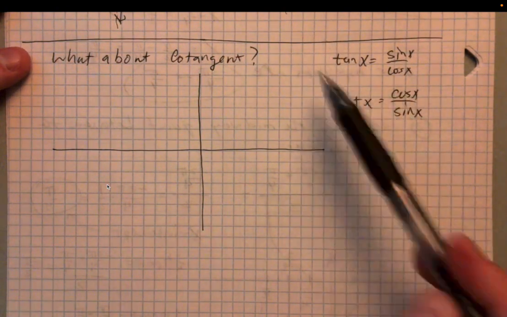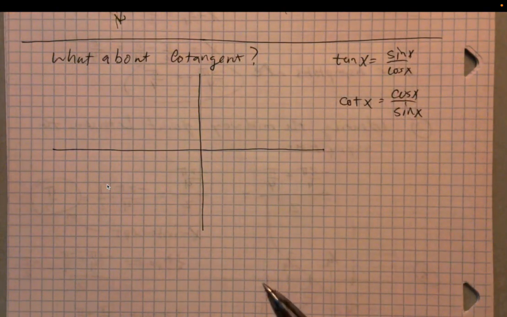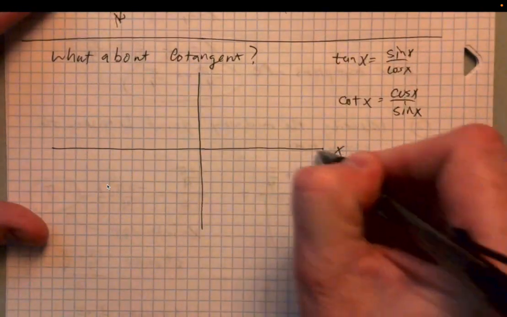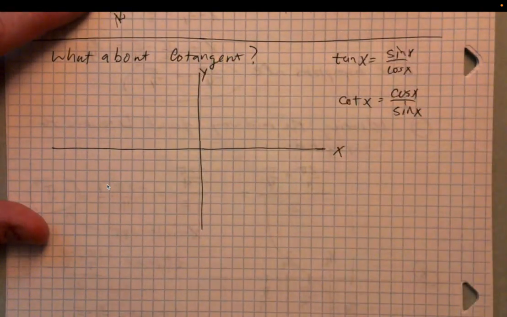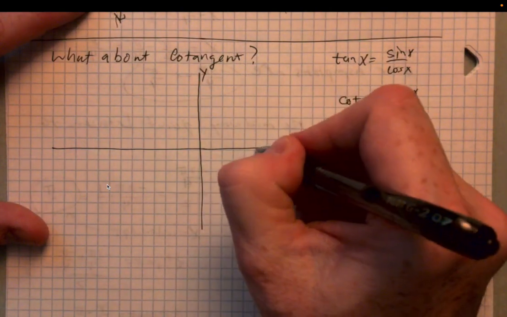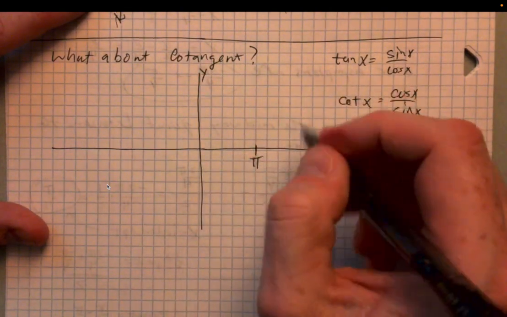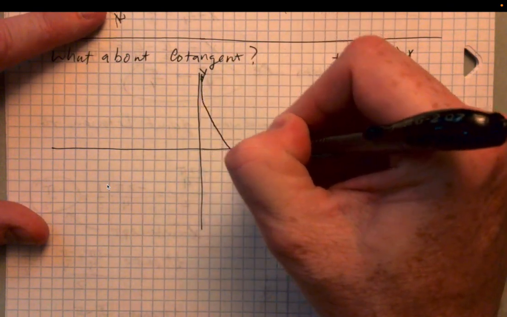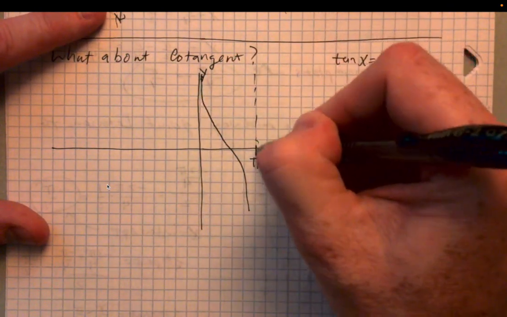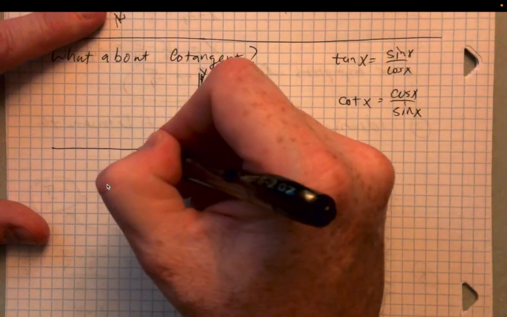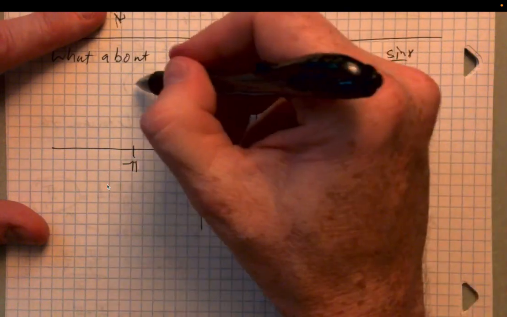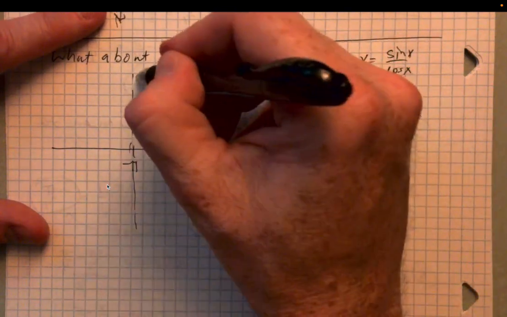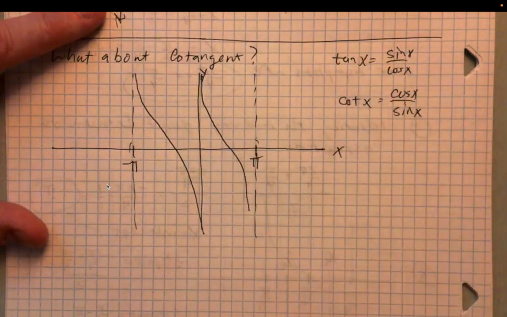Also, the direction of the graph is going to vary as well. Okay, so this is your x-axis, and this is your y-axis. Then if I come over here to pi, I'm going to have an asymptote at 0 and at pi for cotangent. And so we could say this is negative pi. Right, so I have this kind of behavior here.